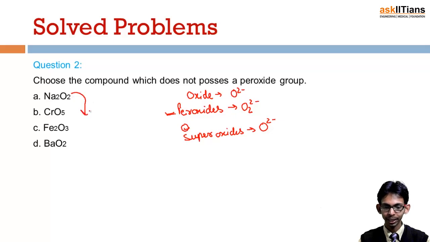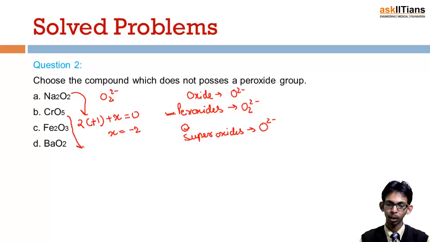Okay, so in this, if we find out the oxidation state of O2, what we find, we know that of sodium is +1, so it would be 2 plus 1 plus, let's say, x is equal to 0, or x is equal to -2. So here it contains O2 2 negative, so it is a peroxide. Next is this compound, chromium pentoxide, and the structure of this is actually like this.